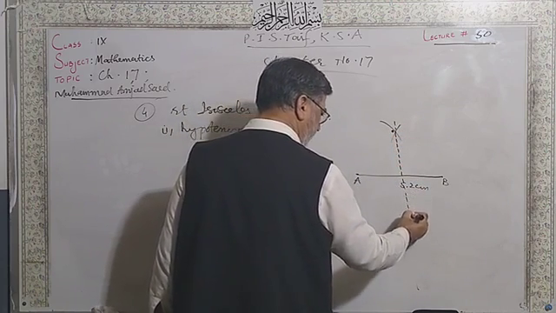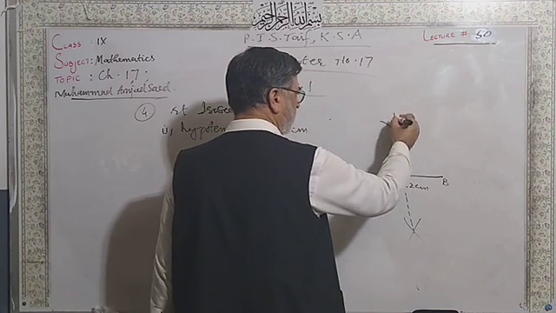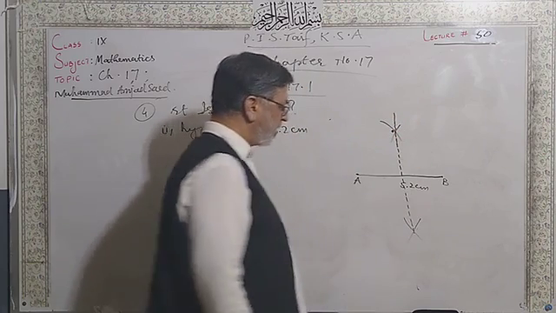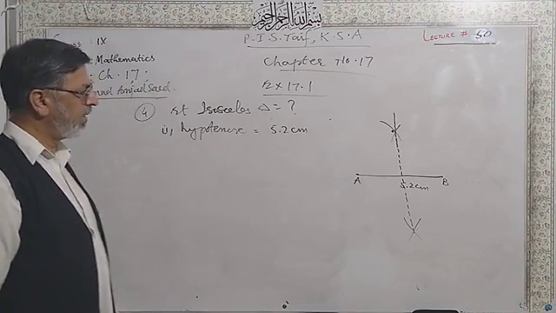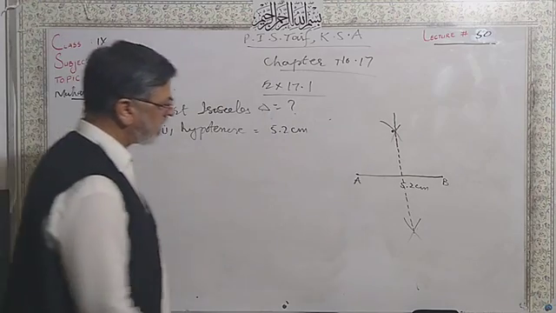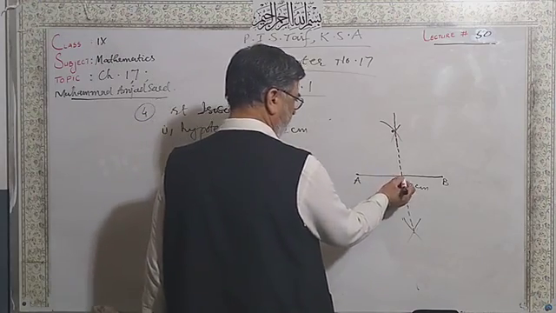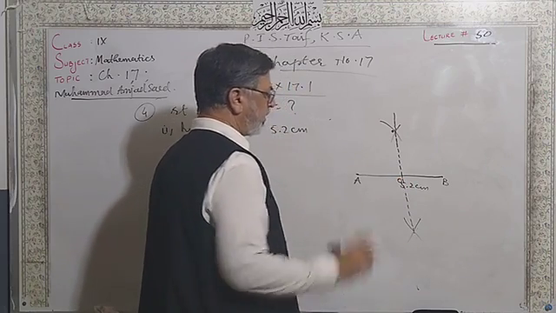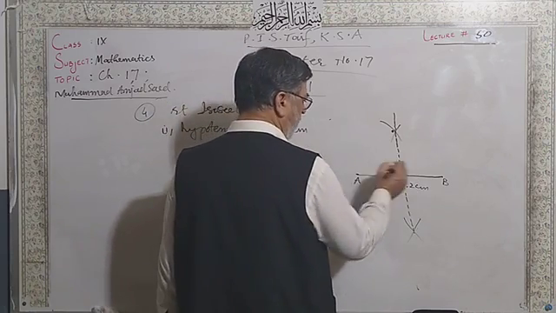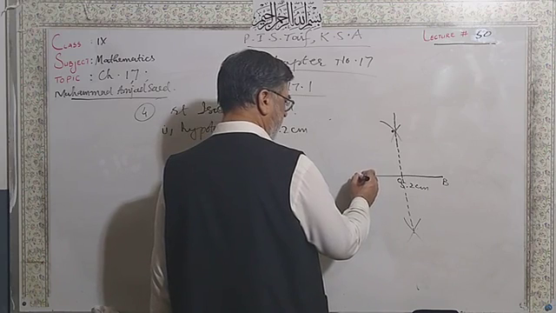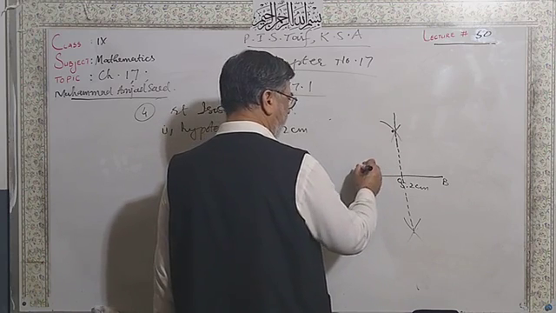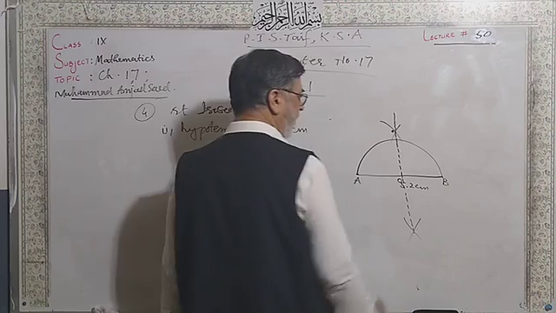That will be the midpoint of AB. Here is AB. Midpoint of AB, that is O. Taking O as center, draw an arc, or rather a semicircle, of radius OA or OB.